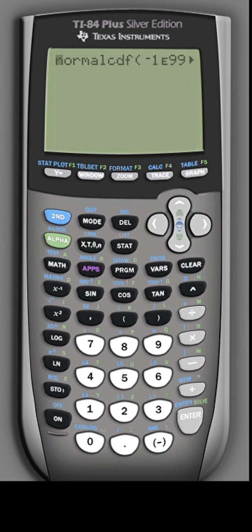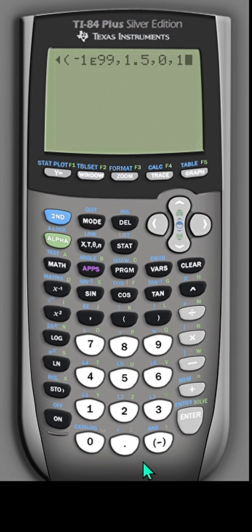If you are in a TI-83, when you click on the function, it brings you to this screen, and you will have to plug in the options. It goes in the order of lower bound, upper bound, mu, or the mean value, and sigma, or the standard deviation. If you want to put -1E99, the E is located where the comma is.